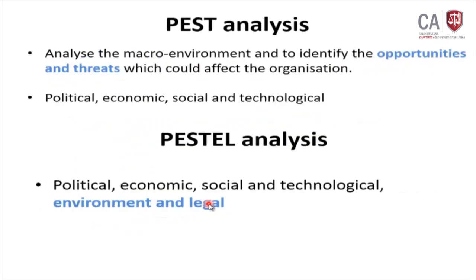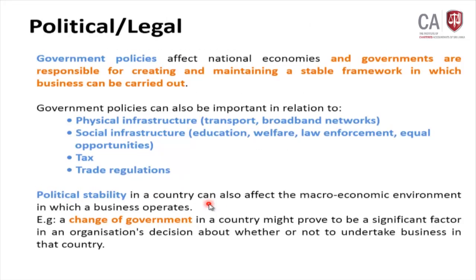Let's talk about political. I gave a very good idea about that, though I will go through this slide as a summary. Government politics, the political and legal environment: what is that? Government and policies affect national economies, and governments are responsible for creating and maintaining a stable framework in which business can be carried out.